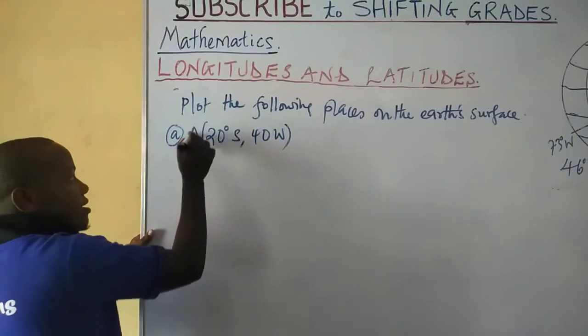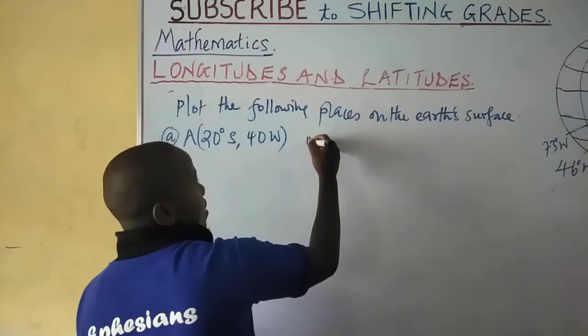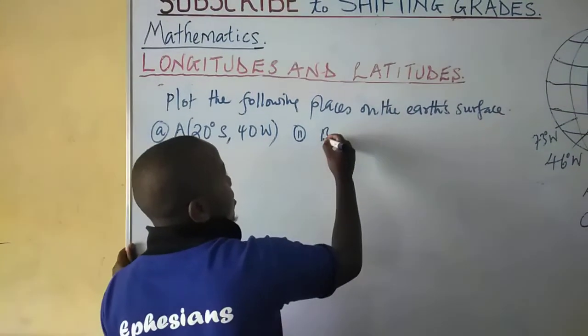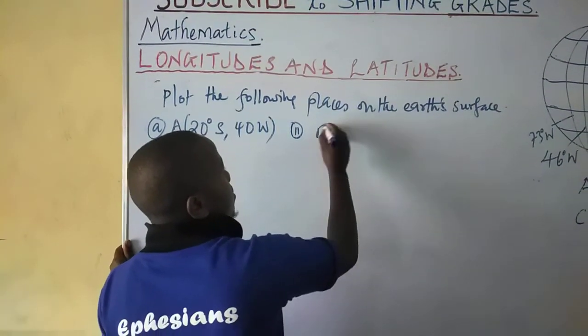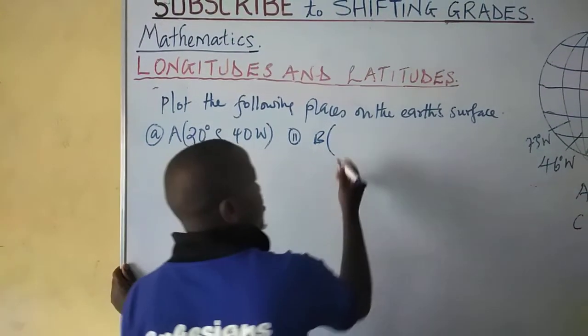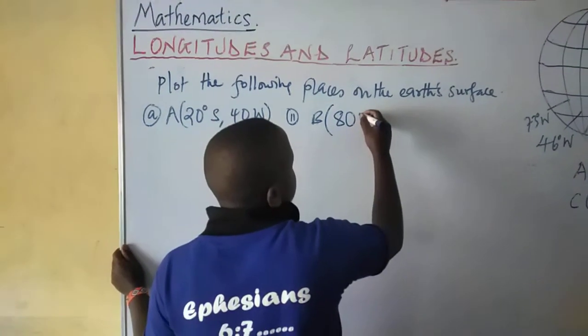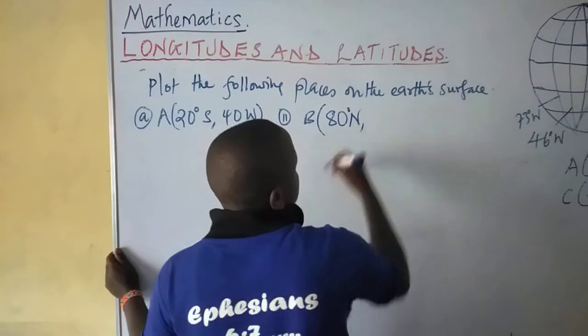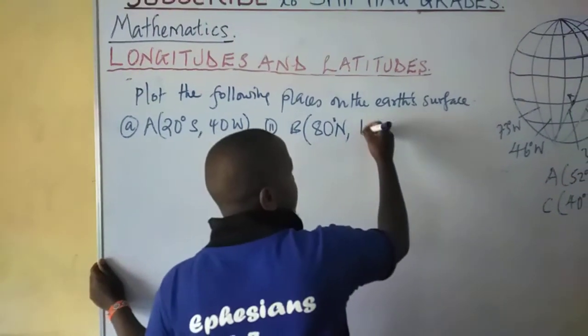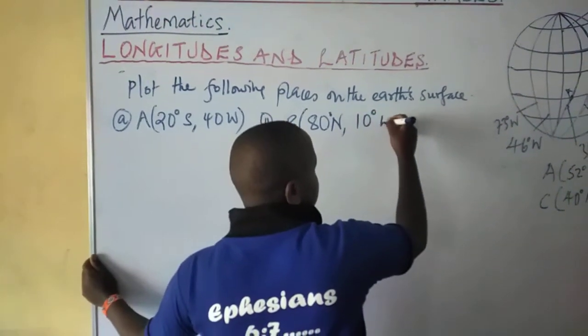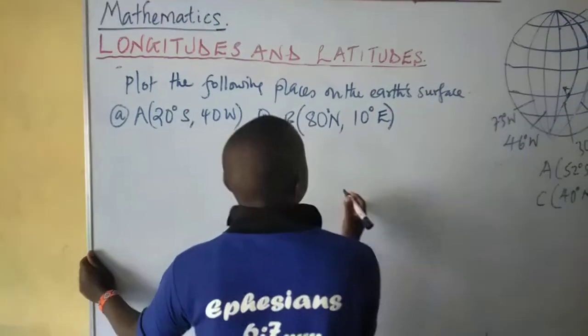This is A. Then another one, which is B, is 80 degrees north and 10 degrees east.